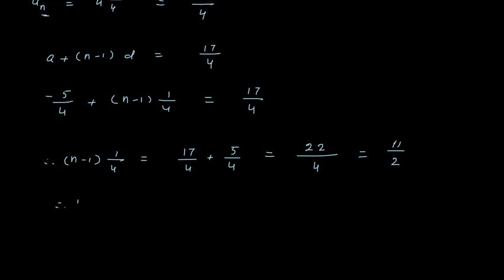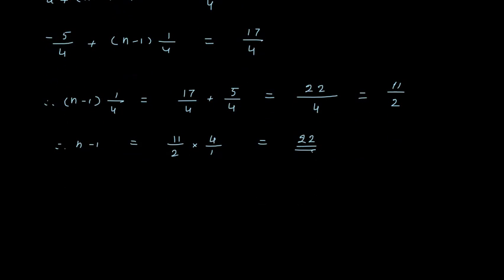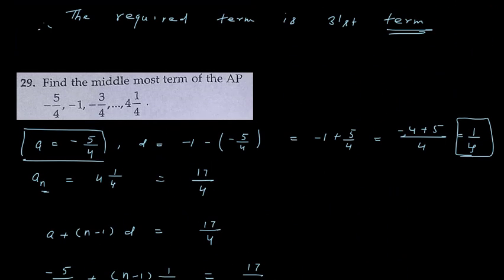So therefore n minus 1 is 11 divided by 2 into 4 divided by 1. So 2 ones are 2, 2 twos are 4, 11 twos are 22 we can say. So n minus 1 is 22, therefore n is 23. The value of n we get is 23, right?